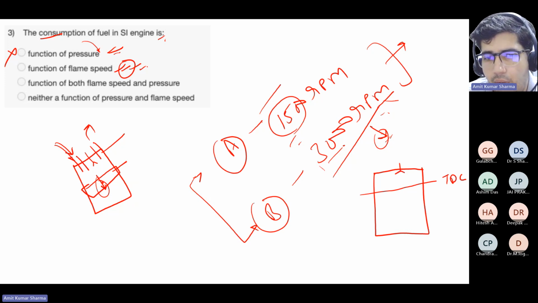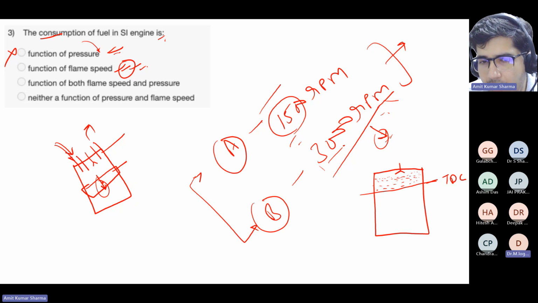Now when your air fuel mixture is here, we know the piston will only go up to the TDC point, and at this point both inlet and outlet ports will be closed.